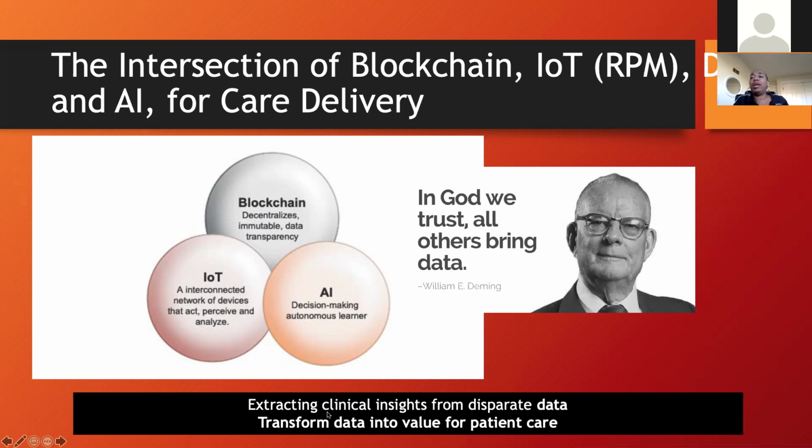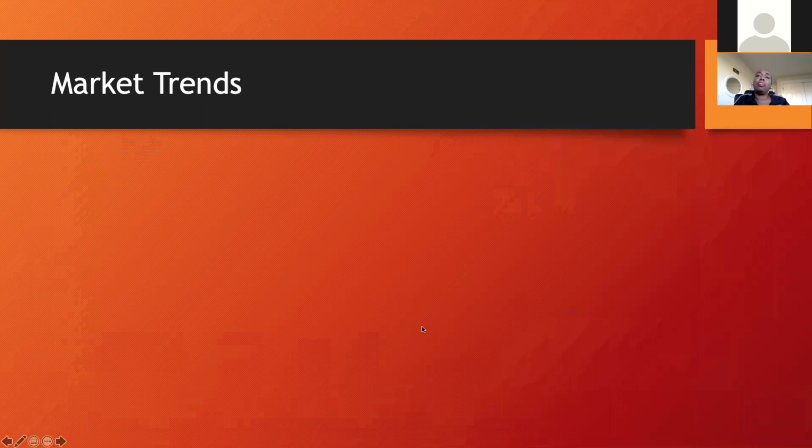And then being able to transform that data, use that data, that information, that intelligence, that wisdom. I think I saw Dr. Jumbo when I joined you last time, talking about the wisdom and information intelligence in data, again, for patient care. Turning that data into value for patient care. That's what it's all about.